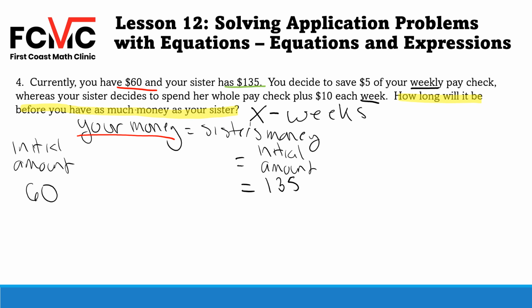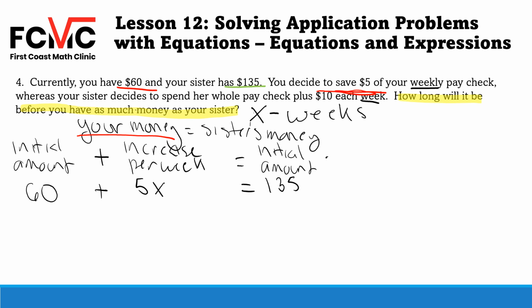Now your change: your money is increasing, your increase per week, or your amount saved per week. So you decide you're going to save $5 per week. So you're adding $5 per week, so 5 times x to represent the number of weeks.